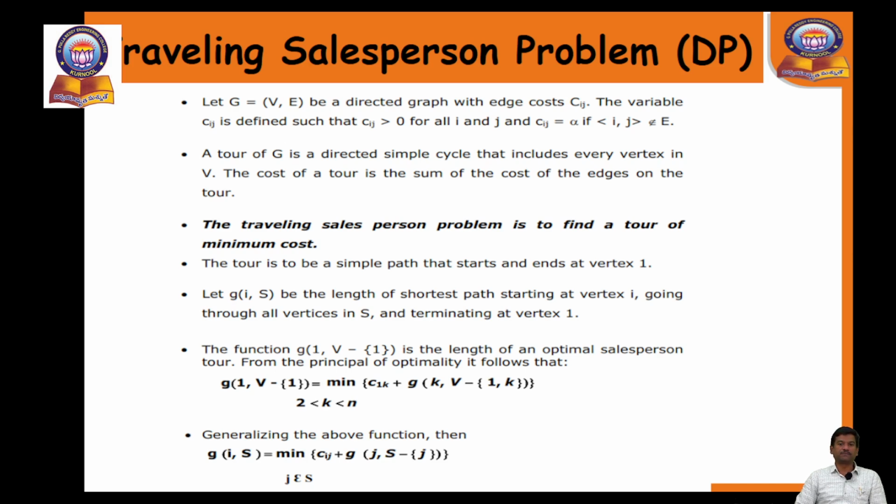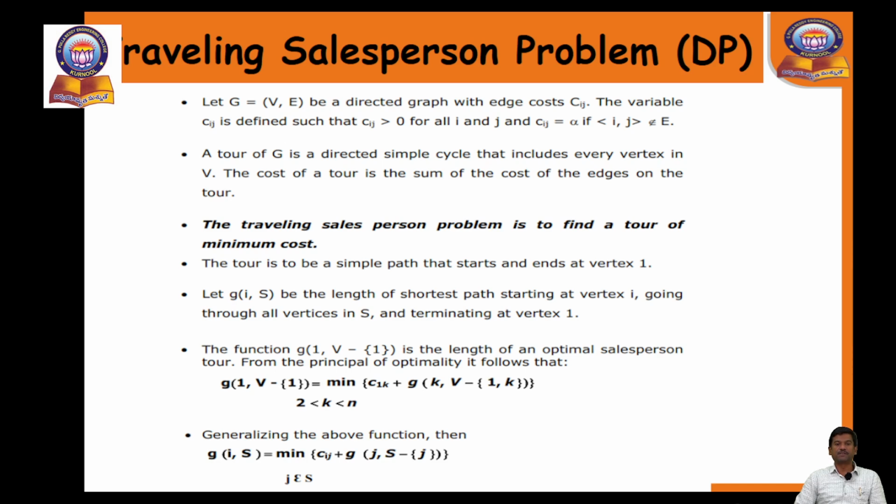The function g(1, V - {1}) is the length of an optimal salesperson tour, and using the optimality principle, you are excluding city 1 from the remaining vertices which are present.